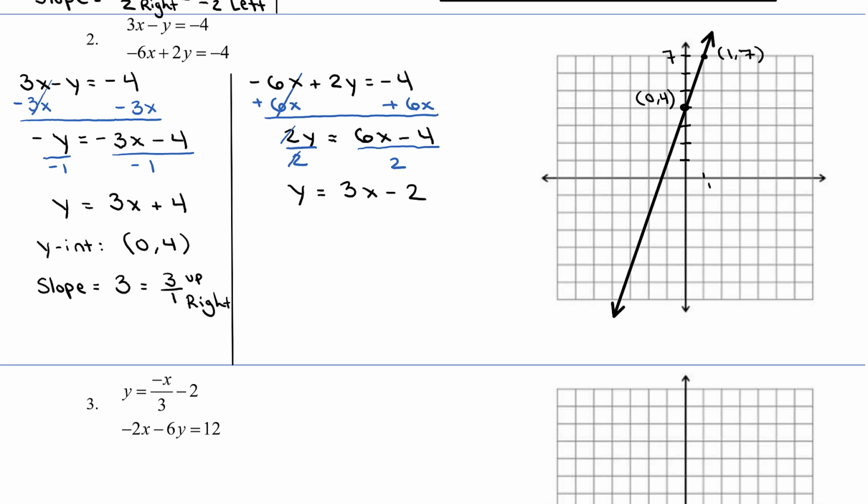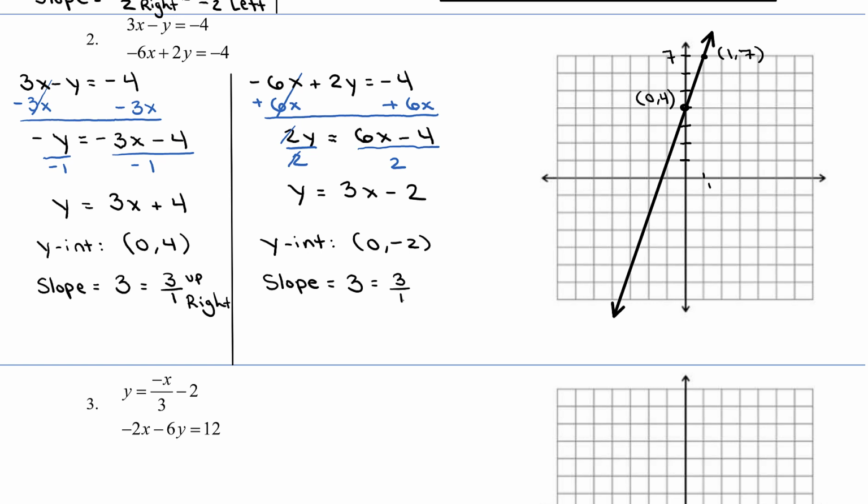By looking at this, I can tell that we have the exact same slope in both of our equations. The y-intercepts are different though. This y-intercept is at 0, negative 2. Therefore, that tells me that these two lines are parallel. And the slope is 3, just like my first equation.